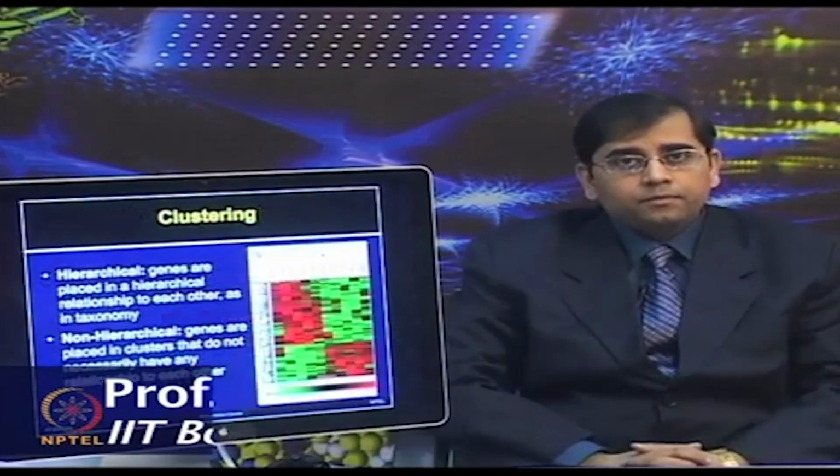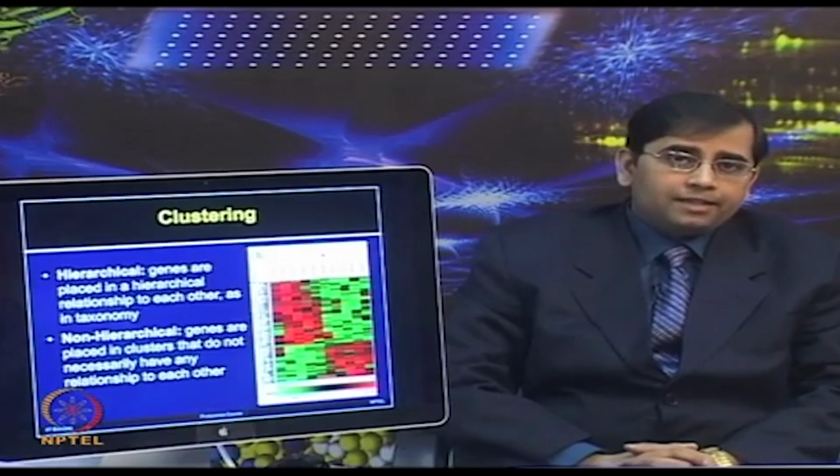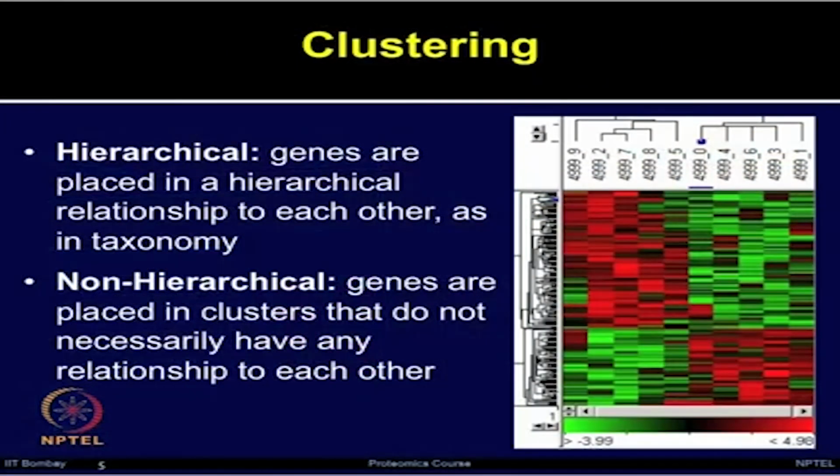Clustering. After analyzing the microarray data set, you would like to cluster your data to find out the patterns for the type of question which you have asked, whether your controls and treatments fall into different clusters. There are different types of clustering, broadly hierarchical and non-hierarchical.